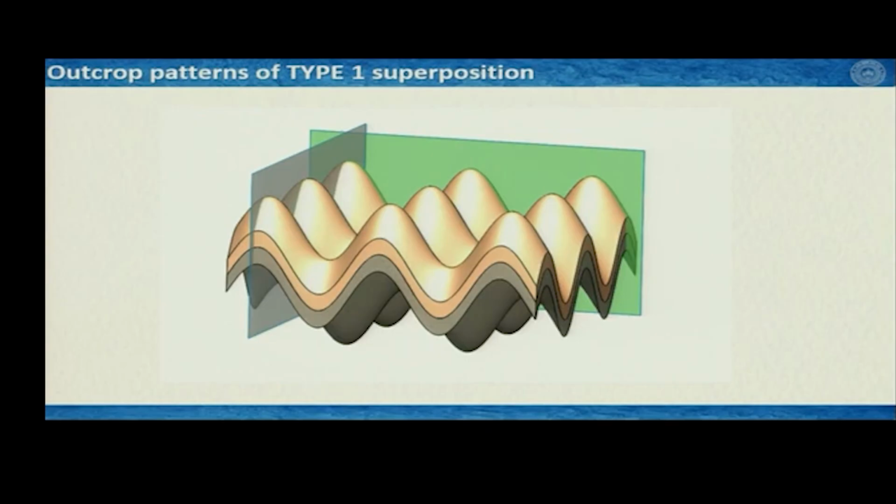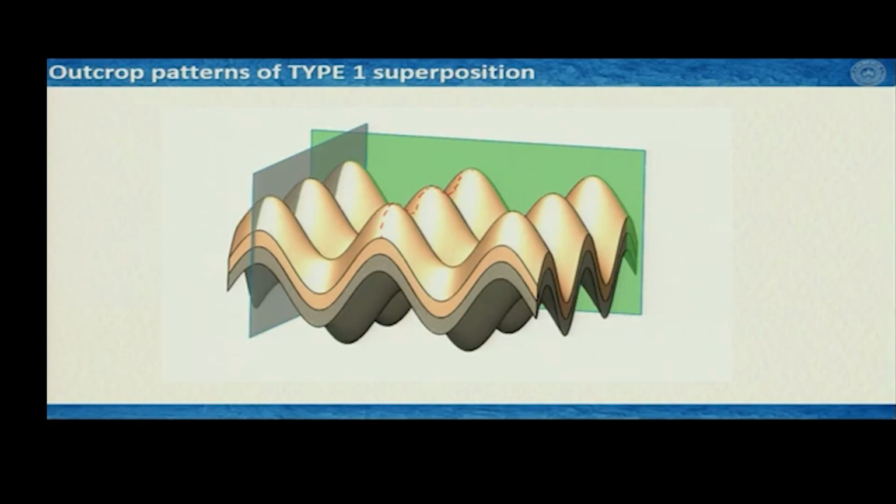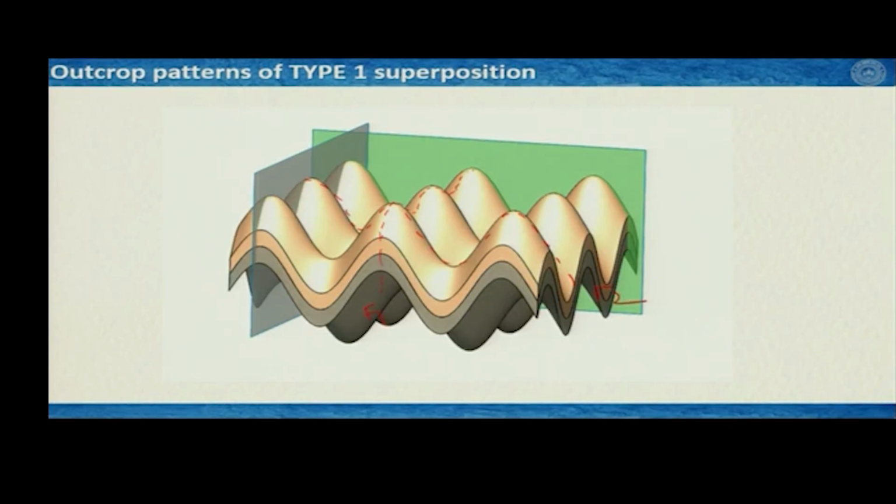So what we see here, as you can imagine, is that we discussed how F1 is going like this, and this is how your F2 was moving. So this is your F2 and this is your F1. Now this section is your S2, the green one, and this is your S1.